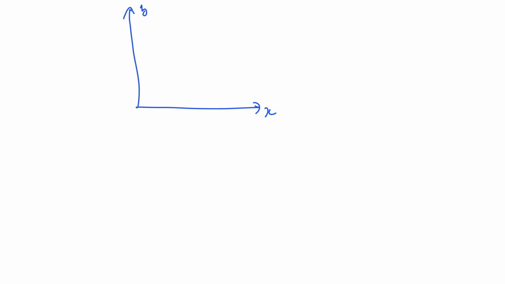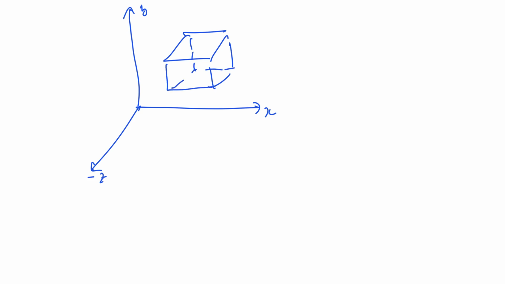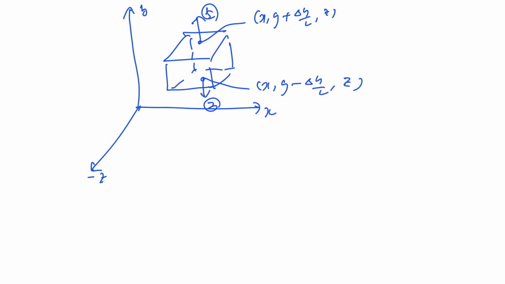x, y, z. So this is 1, 2, and this is 5. And this point is x, y plus delta y over 2, z. This point is x, y minus delta y over 2, z.